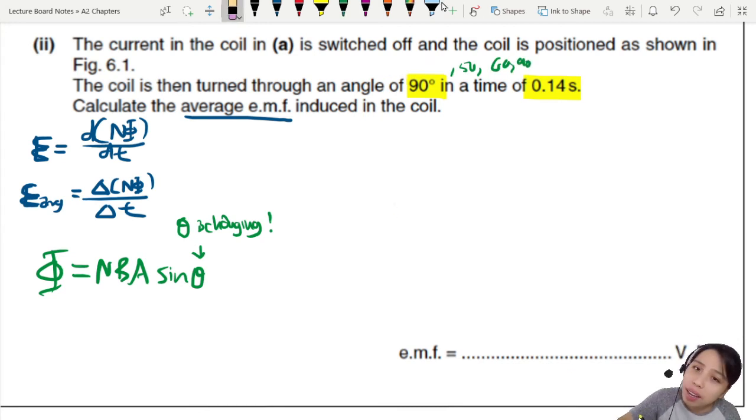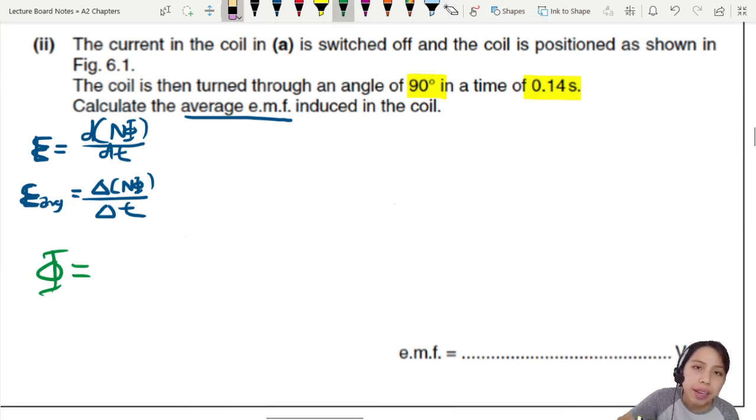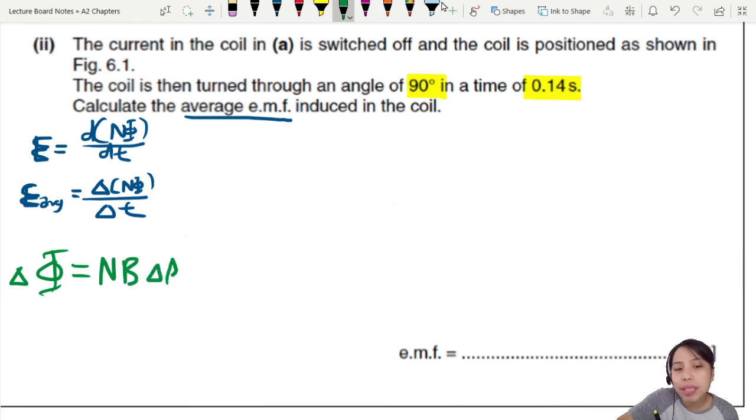So which theta to use? Can't use 90 just like that. So we think about the average EMF. Instead of thinking about this, we want to find the change in phi. The coil number is not changing. Magnetic field strength is the same. But the area did change in this amount of time. Change 90 degrees.